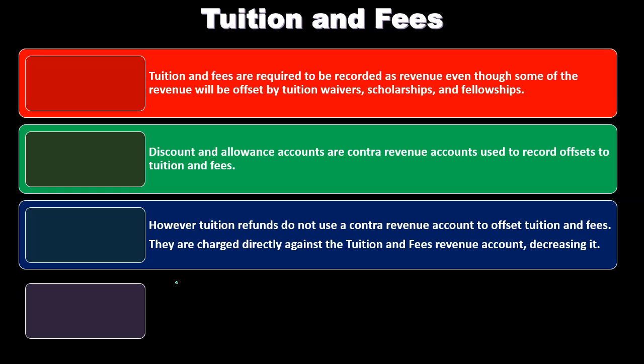However, tuition refunds do not use a contra revenue account to offset tuition and fees. If it's actually a tuition refund, then they are charged directly against the tuition and fees revenue account, decreasing it. So with regards to the tuition and fees refund, we don't have some other account. You would think that if we record the tuition, we would say a debit to cash and a credit to a revenue account to record the revenue.